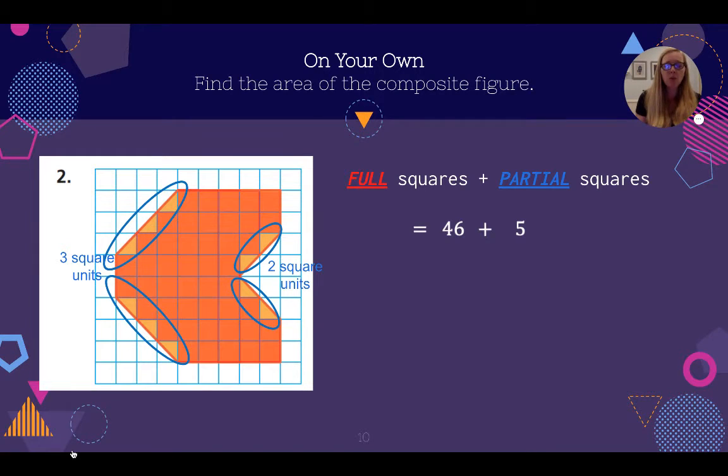So that's also another strategy. We have 46 squares that are actually full that I shaded in red here for you. And then putting together those partial squares, I come up with about 5 full squares using all the halves together. So our approximate area is 51 square units.